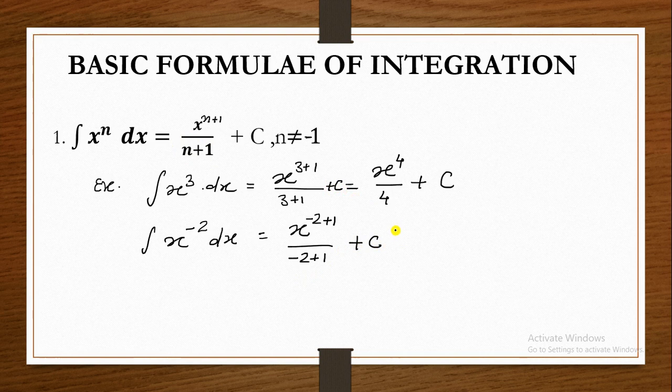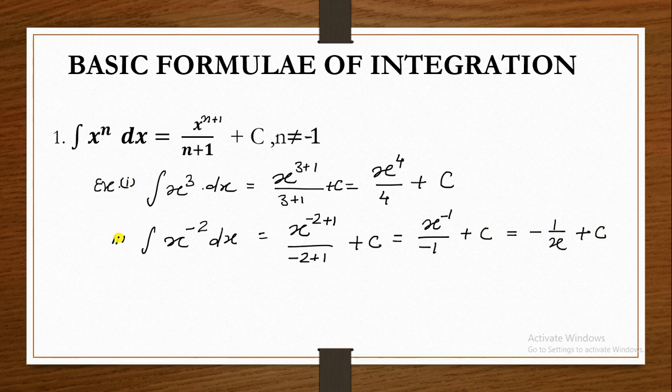Here c is also right. So answer is x power minus 1 upon minus 1 plus c. So you can write minus 1 upon x plus c.